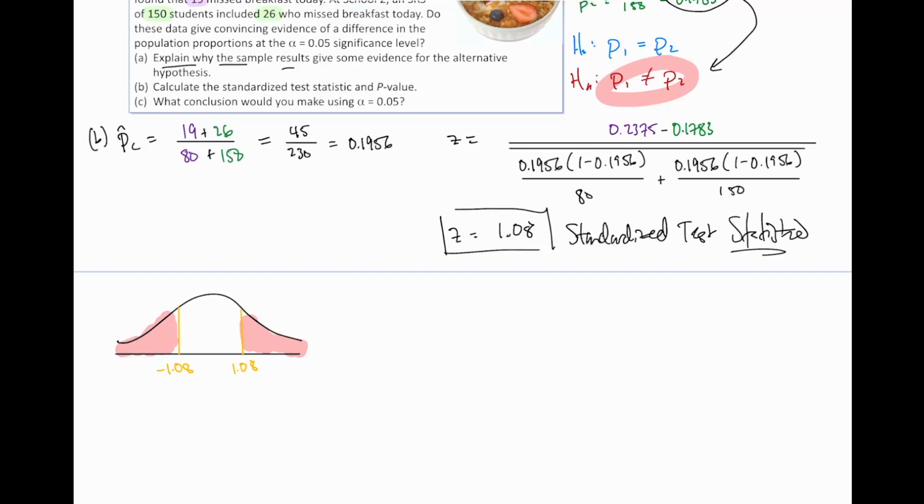We can use either table A, or I could just use our calculator and do a normal CDF with 1.08. I'll do normal CDF with the mean, I'm going to do the shorthand. Standard deviation is 1. We'll do lower is negative 1,000 and upper is negative 1.08. And I'm just going to double that.